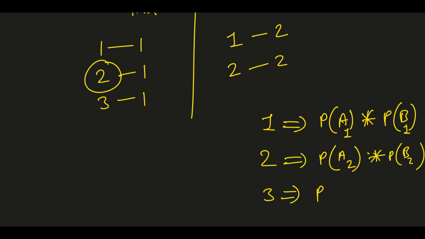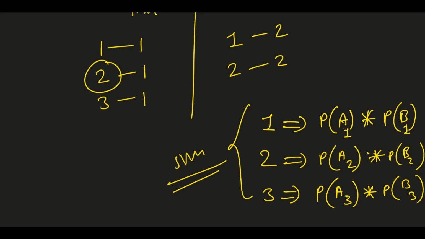Same for the third number, probability of 3 in the first array times probability of 3 in the second array, right? And we will sum all of these up. So we are also simultaneously finding the sum. It may seem complex right now, but as you do the code, you will find it very simple. All right, so let's do the code for this.